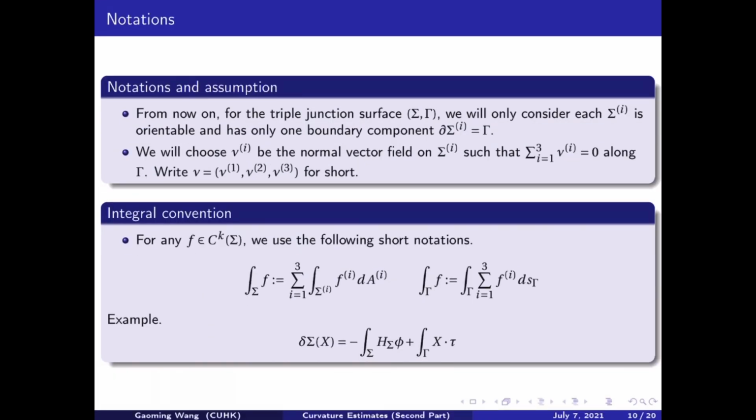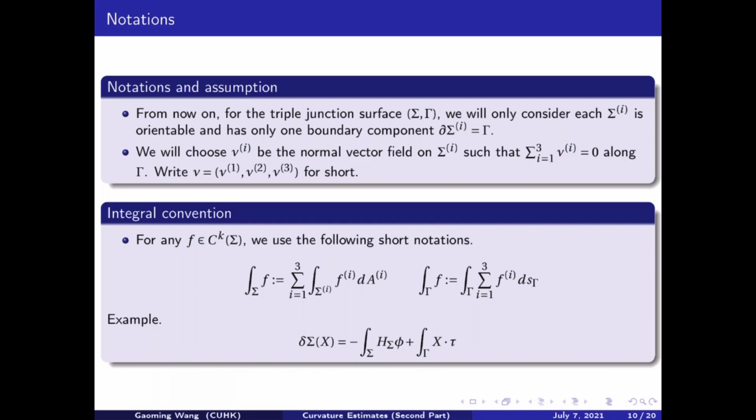After giving several function spaces, we will fix some integral notation and make several assumptions to make them easier to understand. From now on, when we talk about triple junction surface sigma gamma, we will always assume each sigma I is orientable and has only one boundary component. This means we will assume gamma is a connected curve in R3.